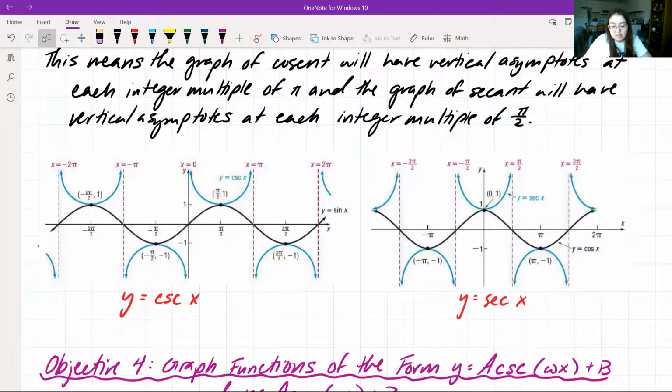And same thing for y is equal to secant of x. With y is equal to secant of x, we've drawn out y is equal to cosine of x in black, and so in these intervals, secant is represented by these parabolas within the interval. So this is what the graphs of cosecant and secant would look like.